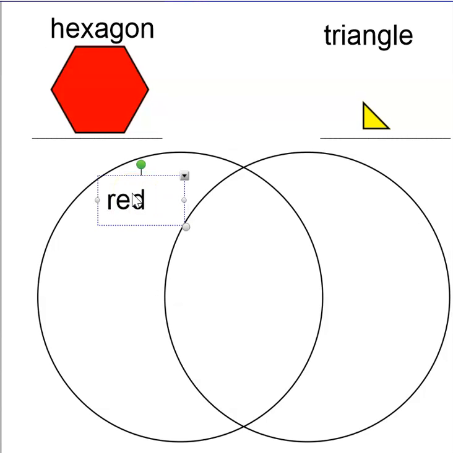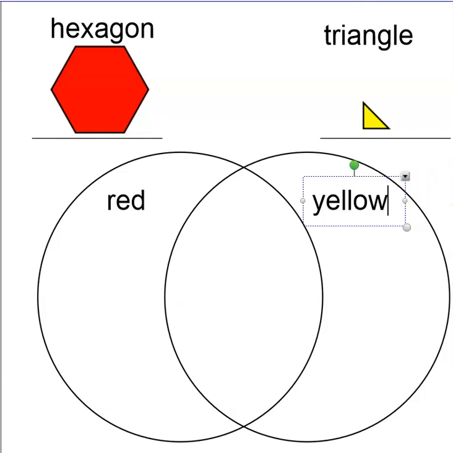So I'm going to put that it is red over here, and it is not like the triangle, so I don't want that to go in the triangle circle. Okay, is the triangle red? No, it is yellow. And the hexagon is not yellow, so that's how they are different.